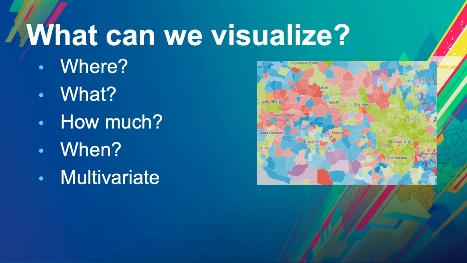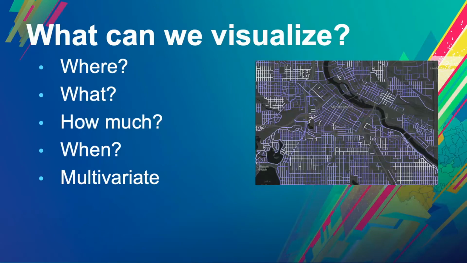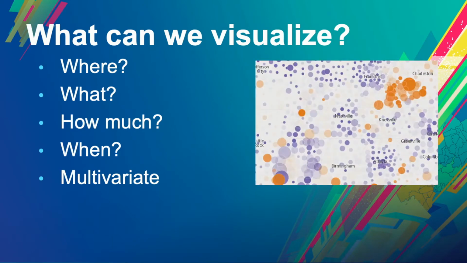What something is, telling you distinctly what are those different types of features. How much, thematically, driven by numeric data. When, by a date. You can also think of age, other things, and combining the two.